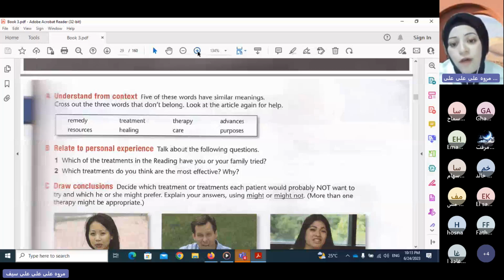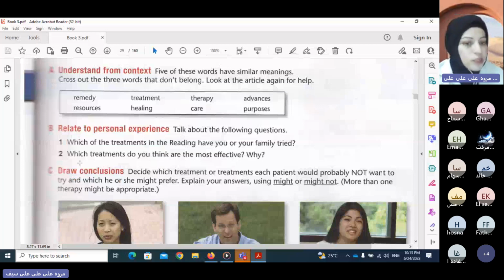Now you are going to talk about the following questions. Of course, I'll give you time to prepare yourself first and think about the answer. Before we speak, you take notes or organize your ideas. You get ready before you speak. Okay, so number one, which of the treatments in the reading passage have you or your family tried?